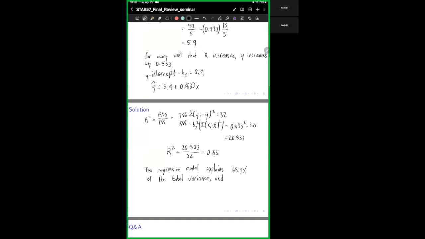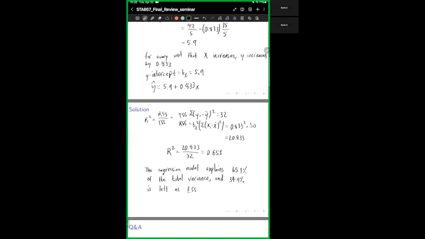And everything else remaining, the 34.9%, so the remaining 35%, is left as error sum of squares. It can be explained by the residuals.